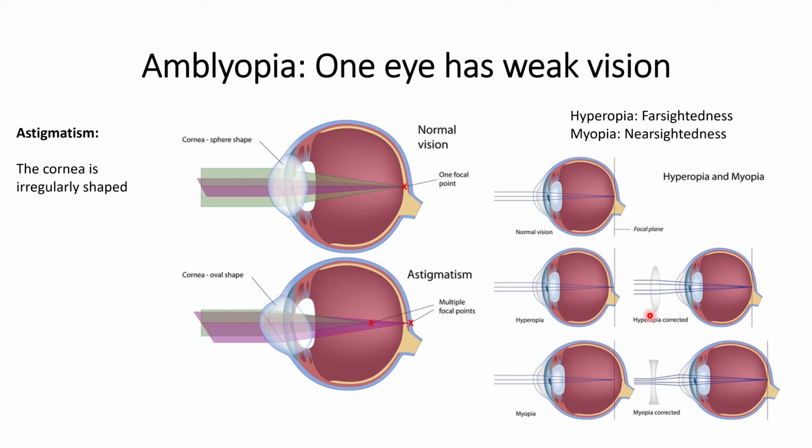And the hyperopia condition is corrected with the help of a convex lens, as it will decrease the distance at which images are formed, and this lens will increase the distance at which images are formed, so that in myopia, images can form at the retina instead of before the retina.